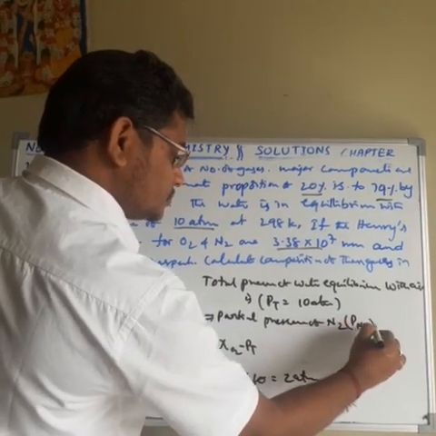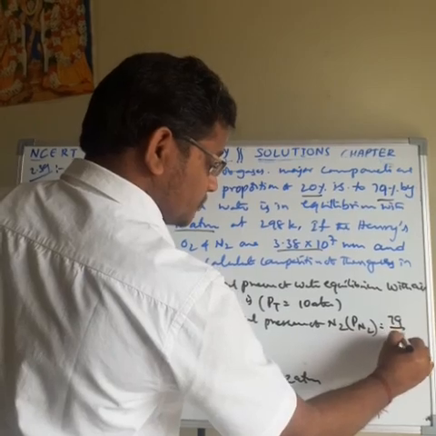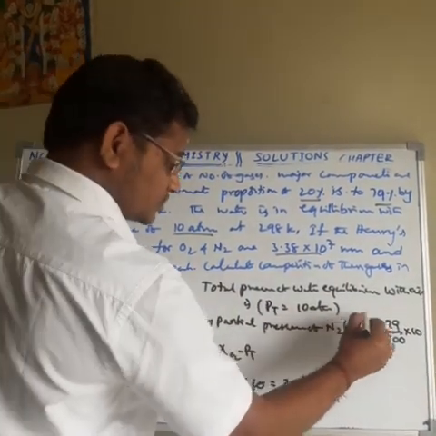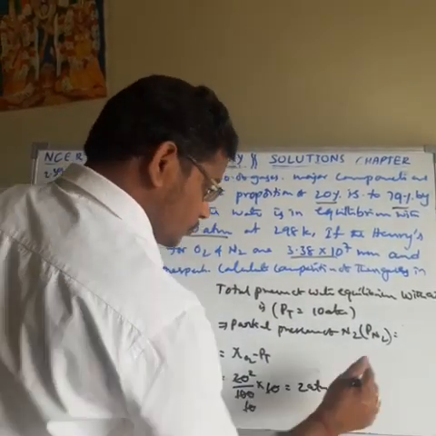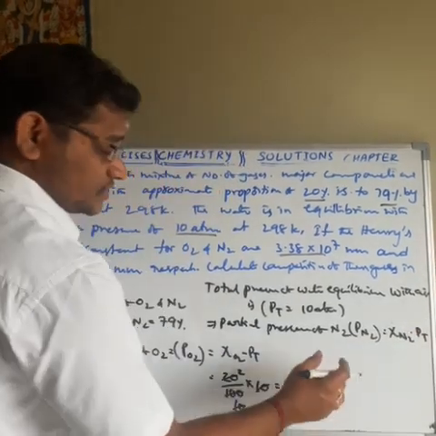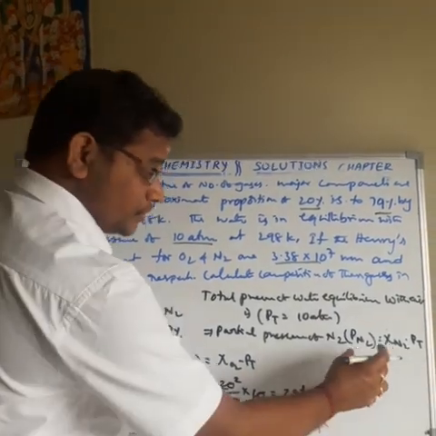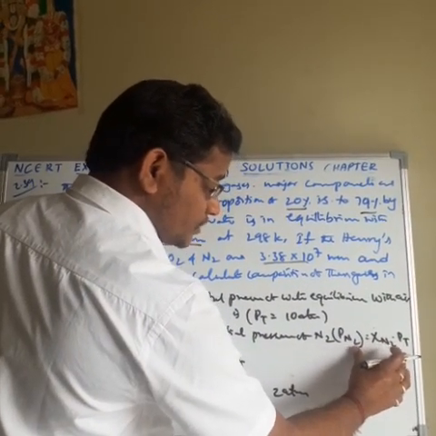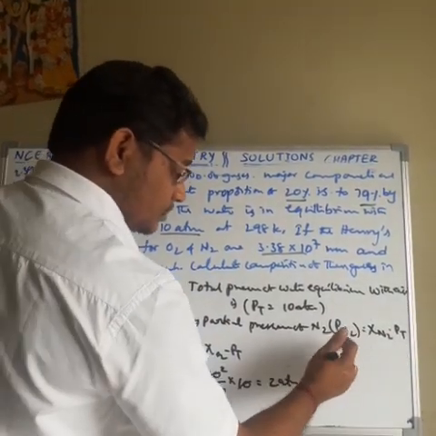PN2 is equal to 79 divided by 100 times the total pressure. Same formula: the mole fraction of N2 times the total pressure. These formulas are present in the states of matter chapter.